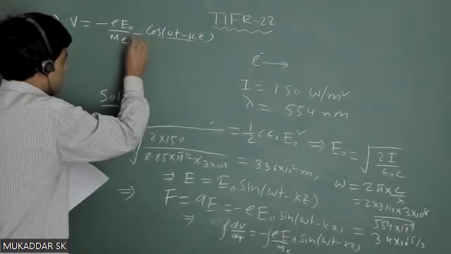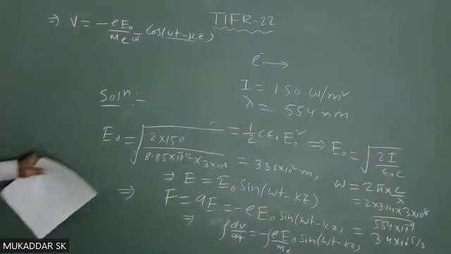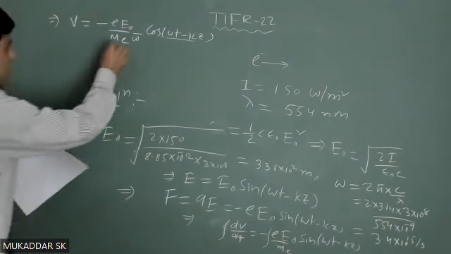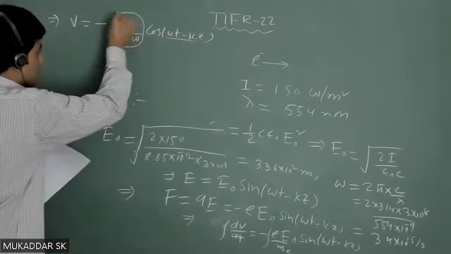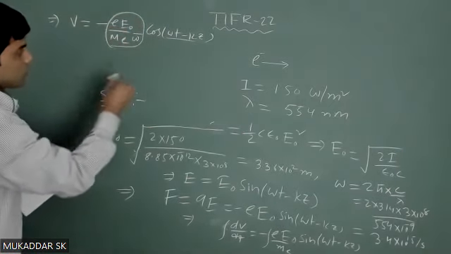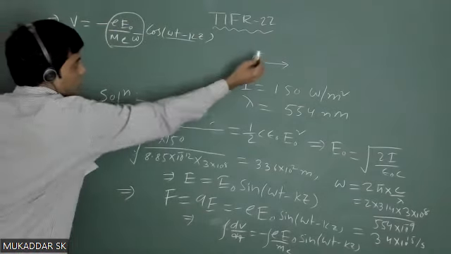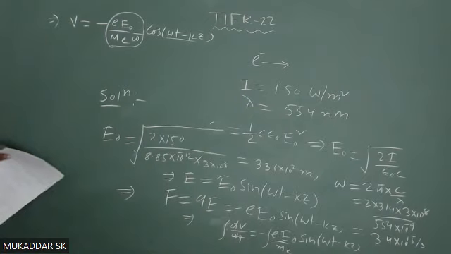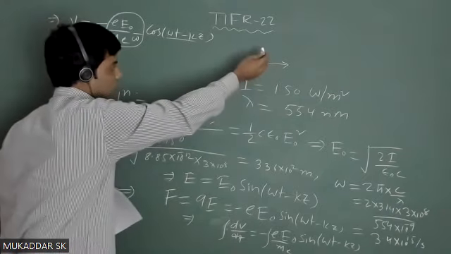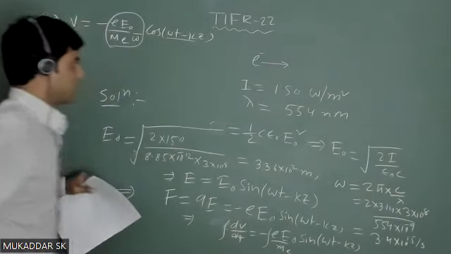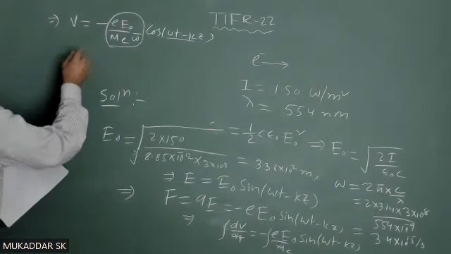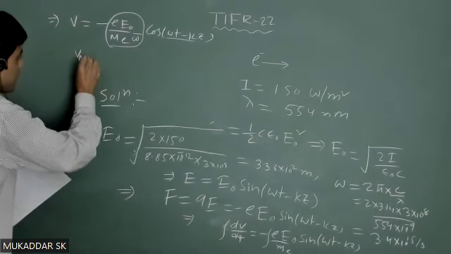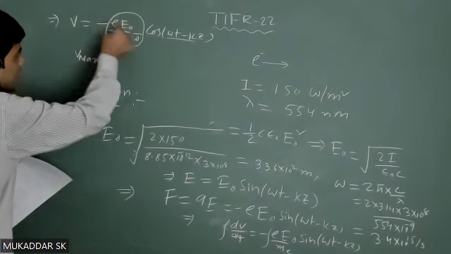If you differentiate, you will get omega. So this is the maximum amplitude of the velocity of oscillation of this electron. You can clearly notice that the velocity of this electron is oscillatory in nature, but the maximum value of velocity, v max, will be this amplitude.